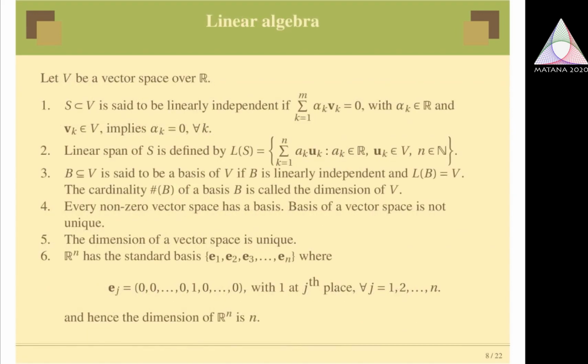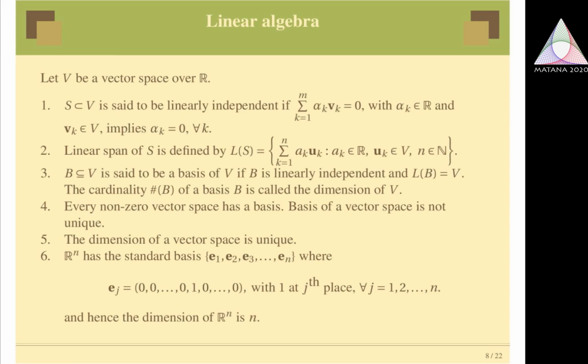Now we recall some fundamental concepts of linear algebra. Let V be a vector space over R. A subset S of V is said to be linearly independent if the sum of alpha k Vk is 0, with alpha k's scalars and Vk's from S, then the alpha k's must be 0 for all k.